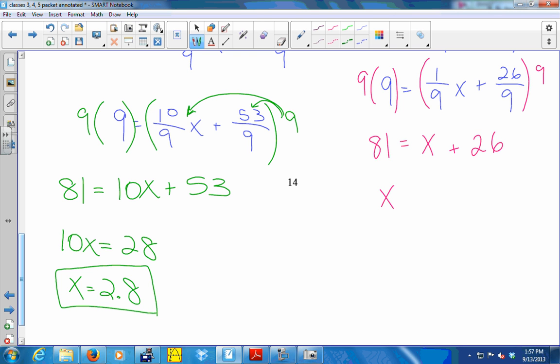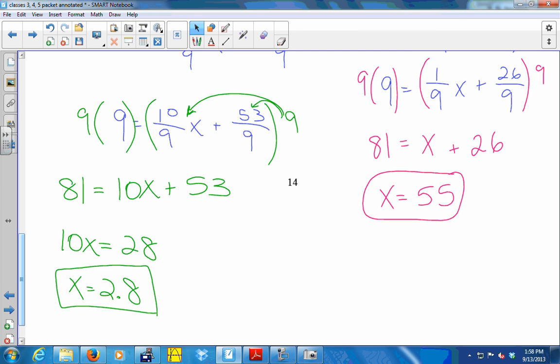So x equals 81 minus 26 is 55. Yeah, so that is a way, way more intense event, right, than 2.8, to cause the same depressive response as the low humor group.